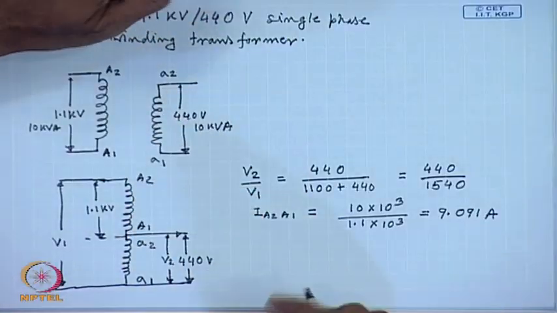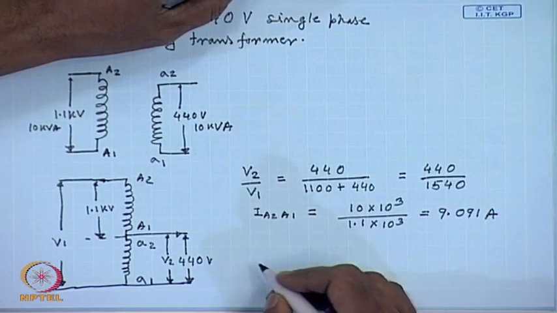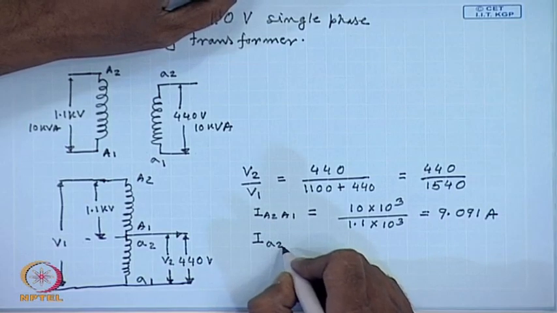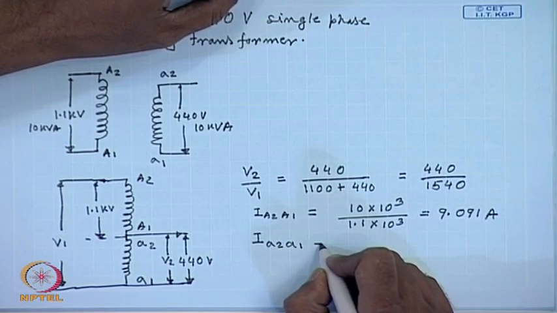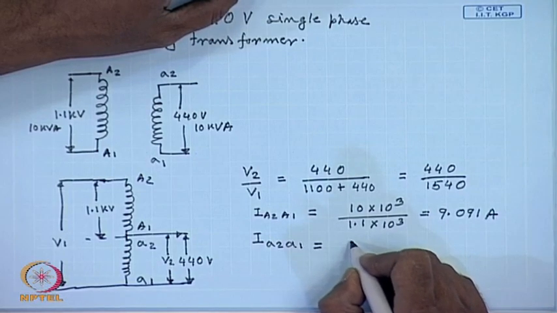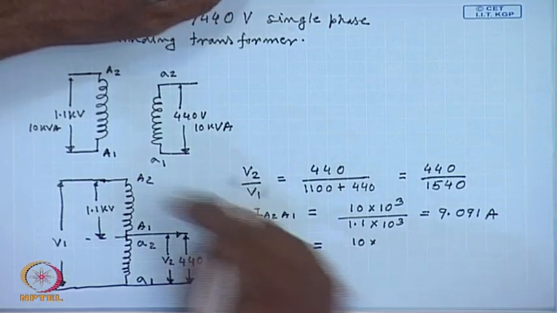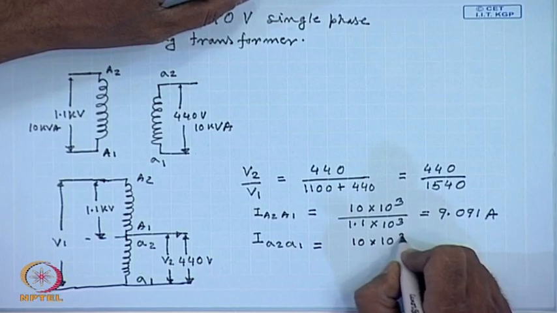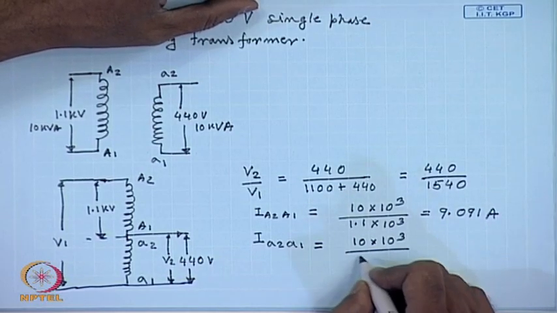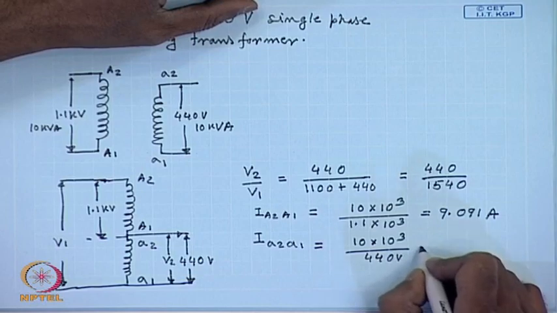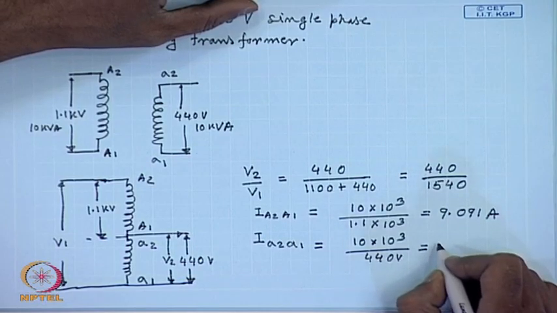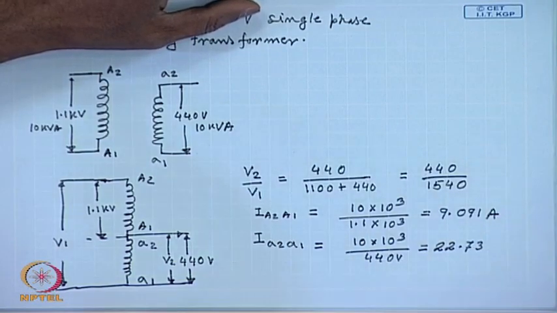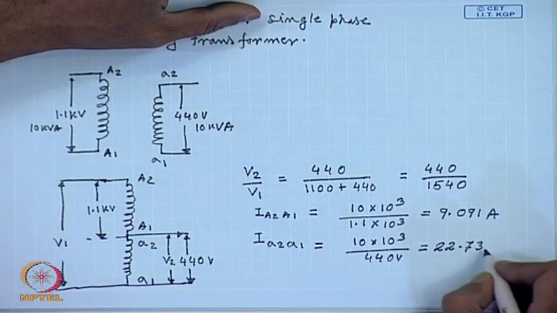The current carrying capacity of the section a2 a1 will be I_a2a1. That part is again 10 kVA, because we have joined these two in series, so their current carrying capacity does not change, divided by 440 volt. This comes to 22.73 amperes.